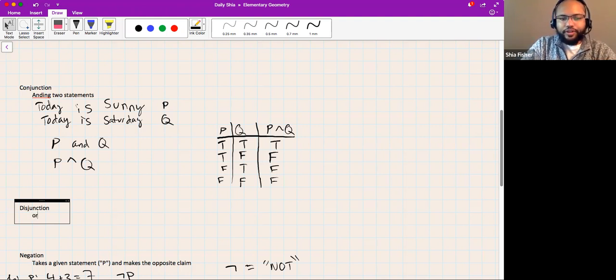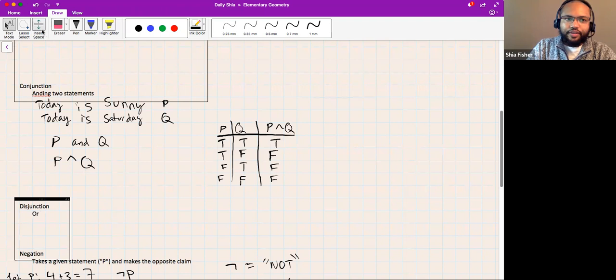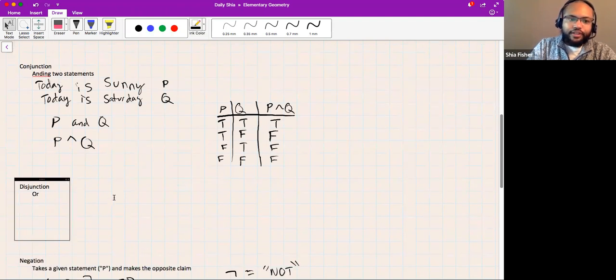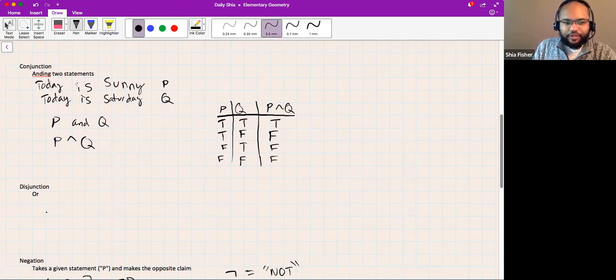So this is or. This is looking at whether two statements, when put next to each other, evaluate to be true. So I'm going to use my same example above, but just so that we're clear, disjunction is P or Q, often written like P with an upside down caret, Q.